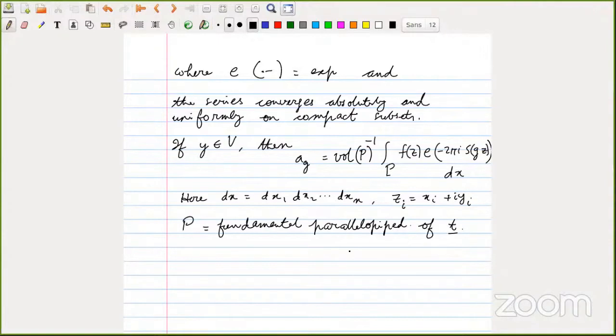So this is it, and I wish I could show this. It involves some complex analysis, but maybe you can find this in Freitag and other places. After this, we can make a remark or corollary.